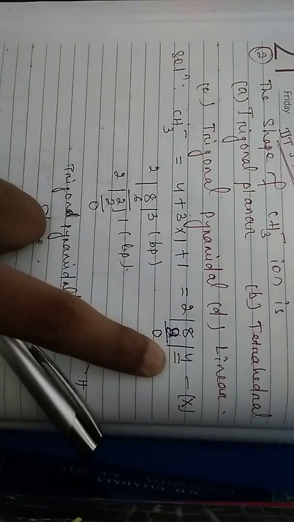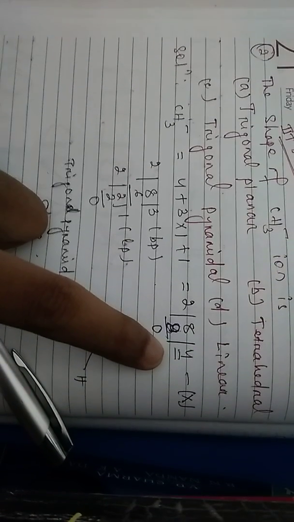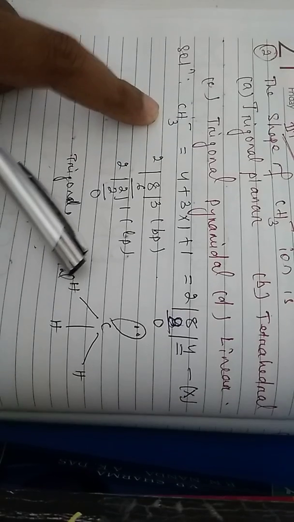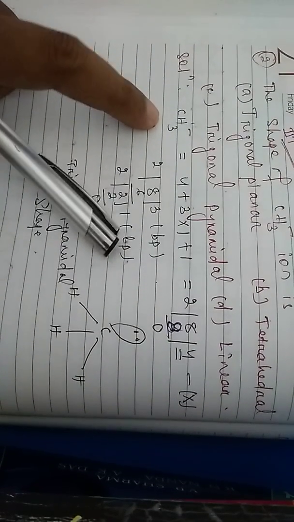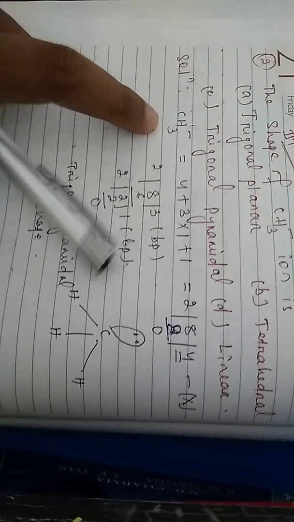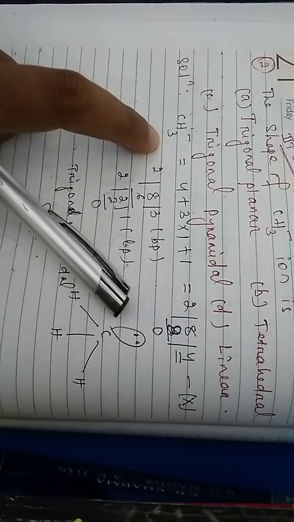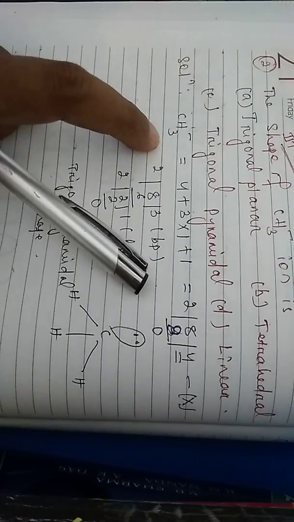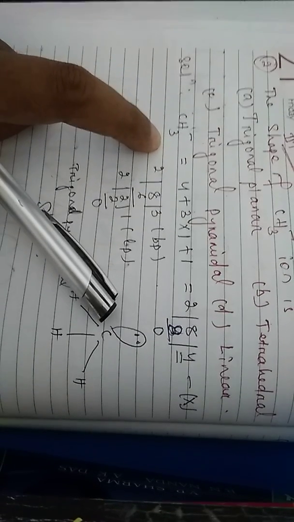If 4 is the bond pair electrons, it means there are 4 bonds present in the molecule. But here in the CH3 minus ion, there are only 3 side atoms, so only 3 bonds should be there. There are no 4 bonds possible because hydrogen has 1 valence electron, so hydrogen cannot form a double bond with other atoms.